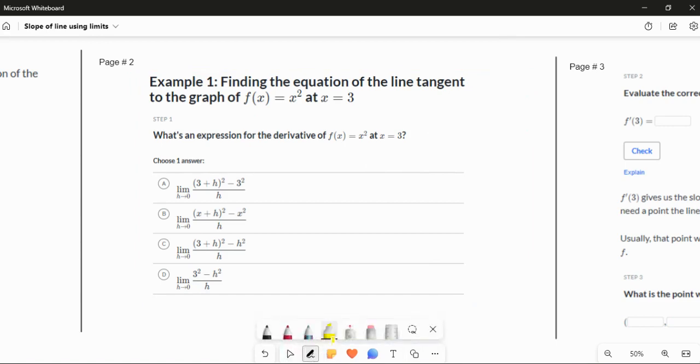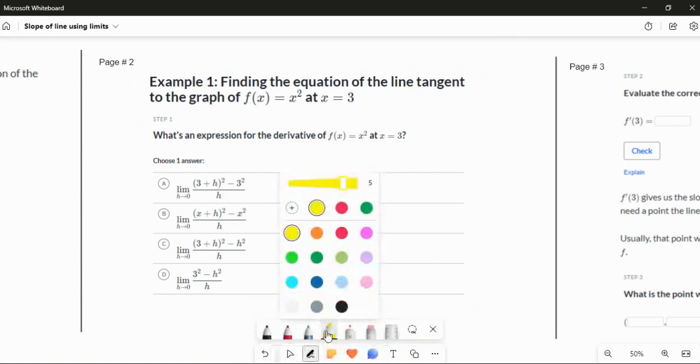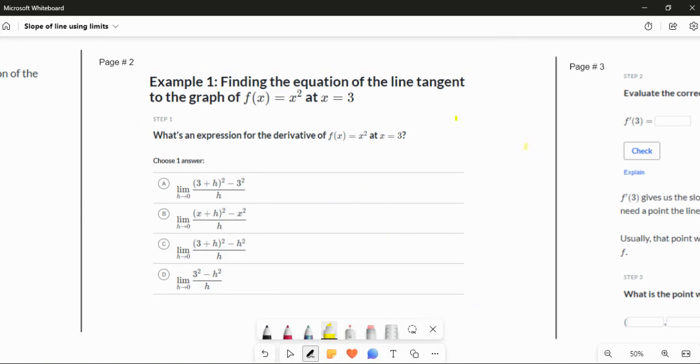And it says that we need to find the equation of the tangent line of the graph f of x equals x squared at a given point, x equals 3. And there are 3 steps to do that.